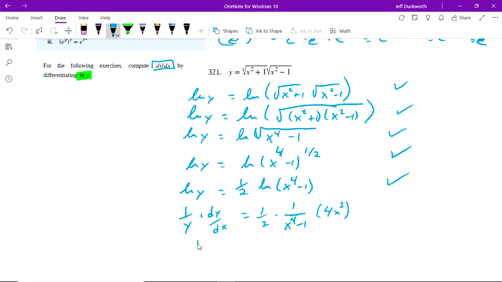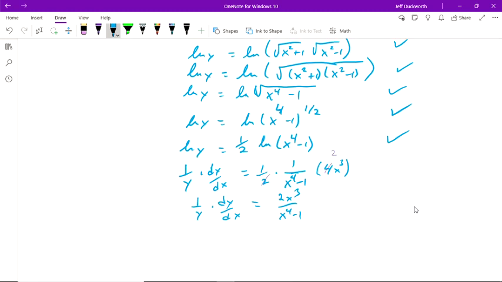So we still have this 1 over y times dy dx. And that's going to equal, well, the 2 and the 4, this becomes a 2. So it's going to be 2x cubed over x to the 4th minus 1. But we're asked to solve for dy dx, not 1 over y times dy dx.